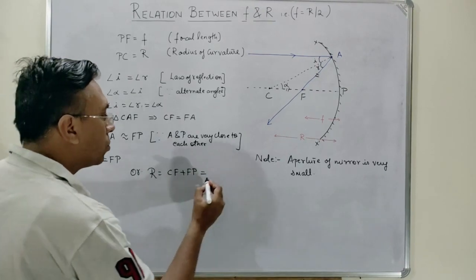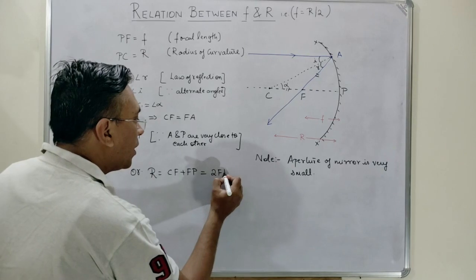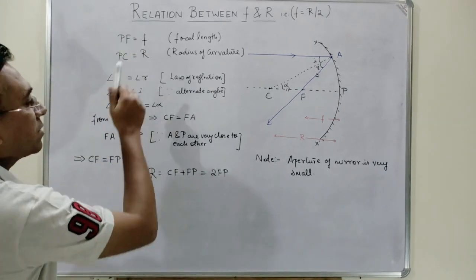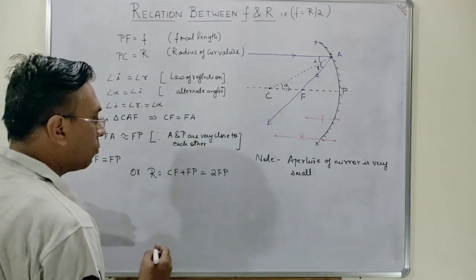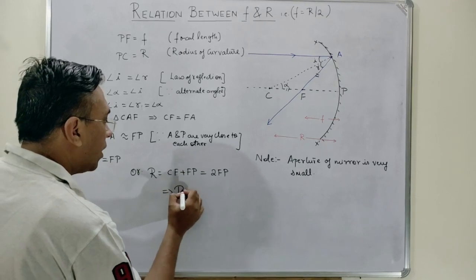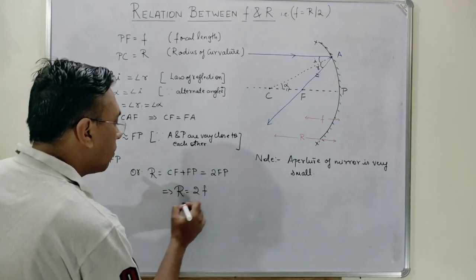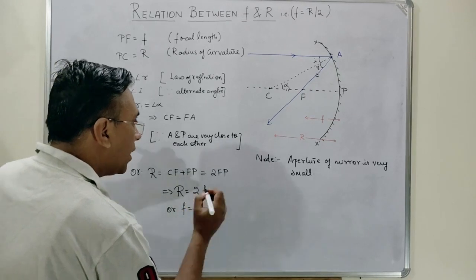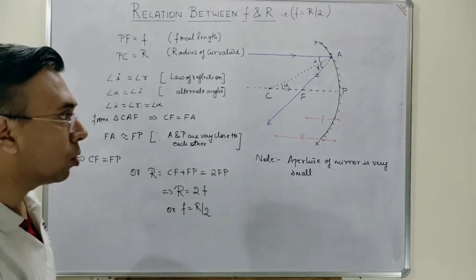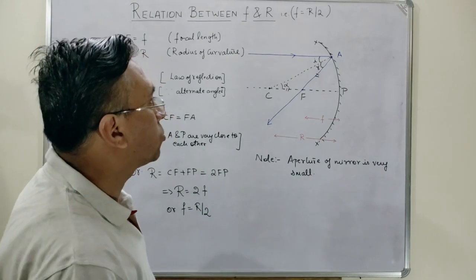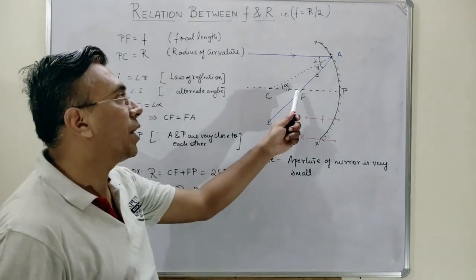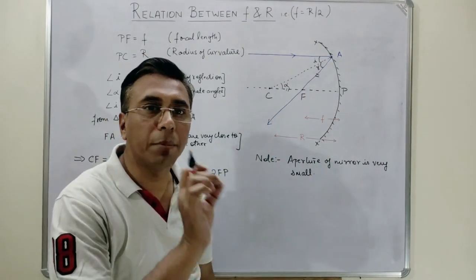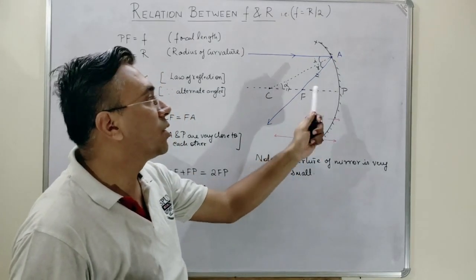This would be equal to 2 into FP. And what is FP? FP is nothing but small f, that is the focal length. So I can write R equals 2f or f equals R by 2. Now this also proves the relation that this point F lies in the middle of this line segment PC.